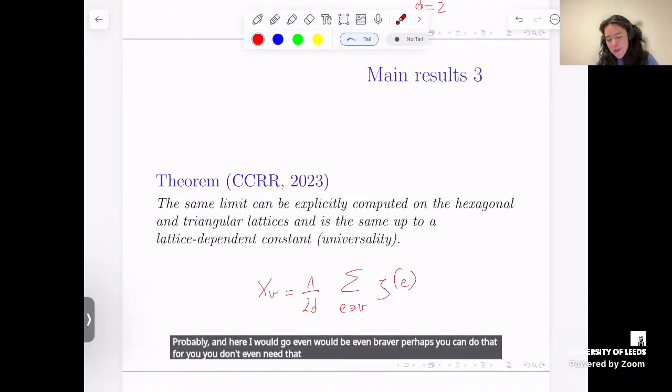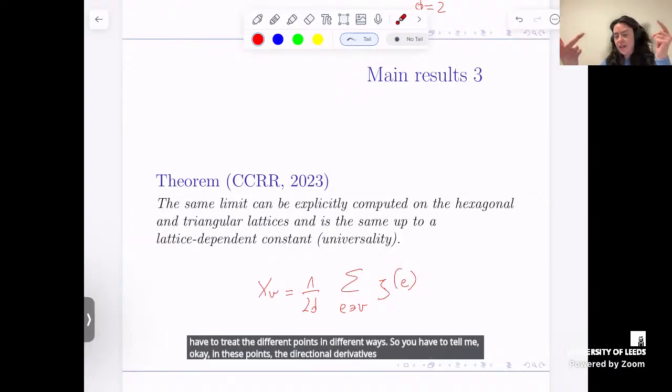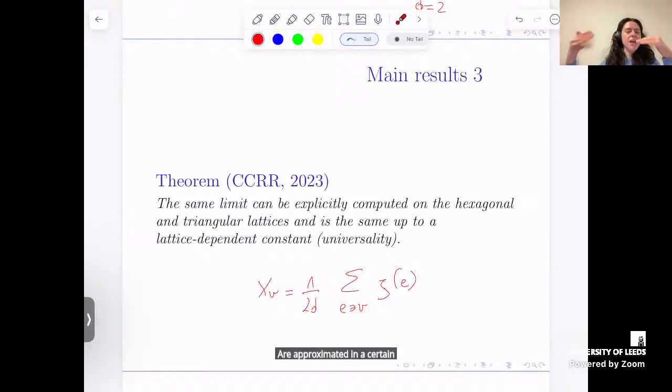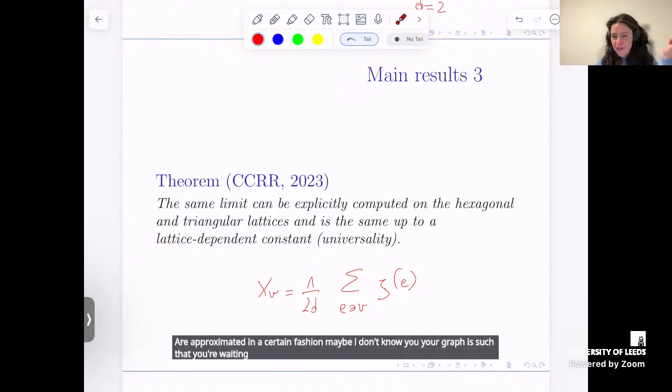What's the issue? The issue is that you have to treat the different points in different ways. So you have to tell me, okay, in these points, the directional derivatives are approximated in a certain fashion. Maybe your graph is such that you're weighting the east derivative more than the north derivative because of the way your graph looks.